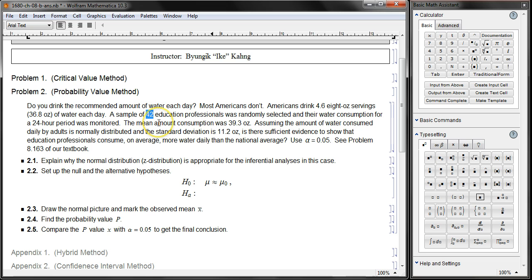It's clearly the sample size. Which is it? 36.8 or 39.3 or 11.2? Let's go with the wrong answer first. Standard deviation is 11.2. Explicitly, the problem says this is standard deviation, so that's out. So we are down to two, 36.8 or 39.3.